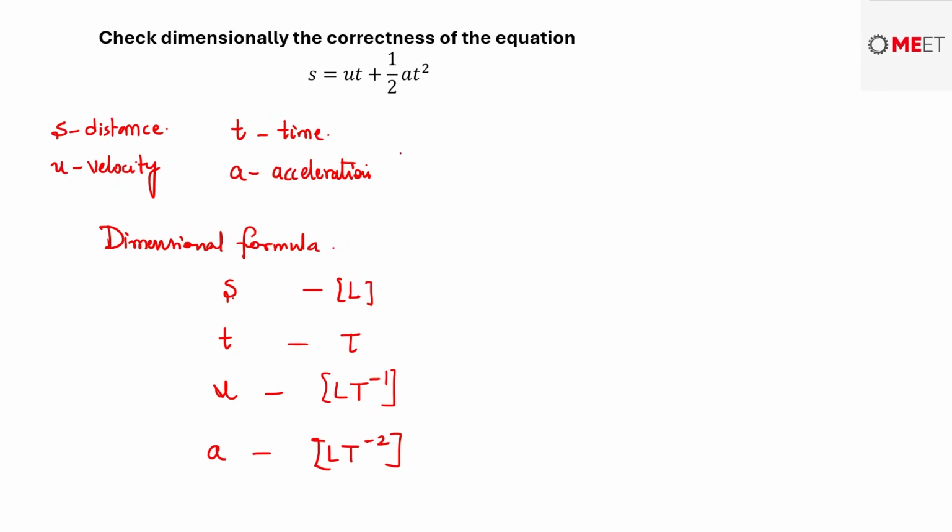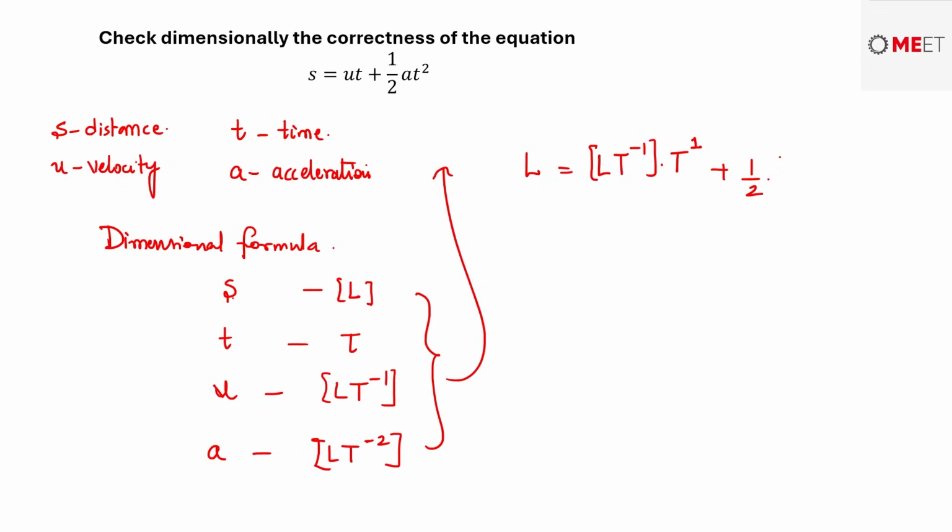Now if we substitute these units in the above equation, S is represented as L, U is LT power minus 1 into T power 1, plus half, which is a constant. A is for acceleration, which is LT power minus 2, and adjacent to that T square is given.